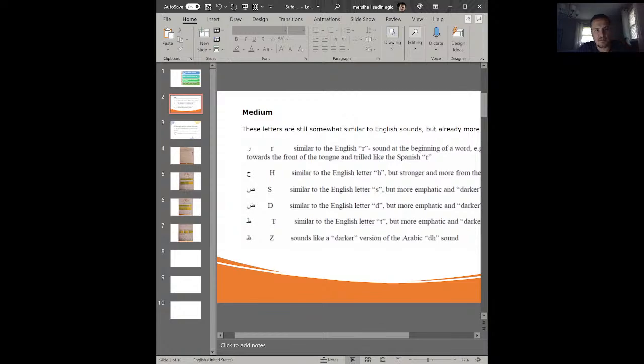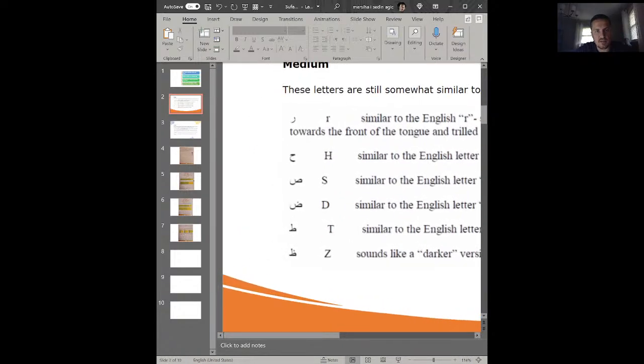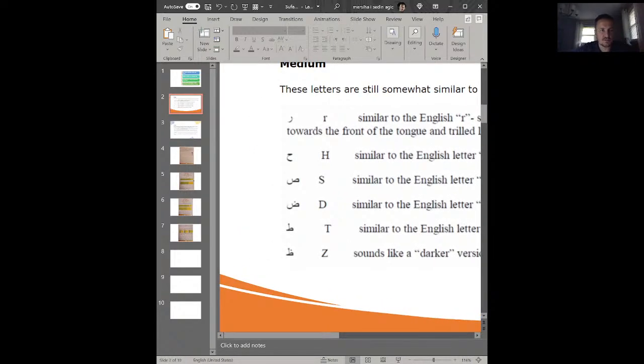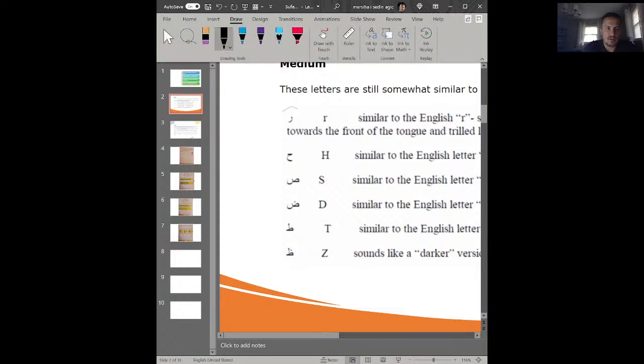Some of these letters you can find, they are very similar to the English, with no differences, like the sound R, or Ra in Arabic, in this case here. And then we have Ha, similar to H in English.